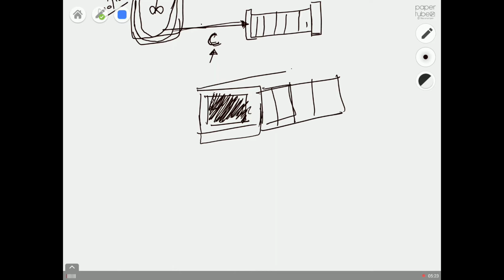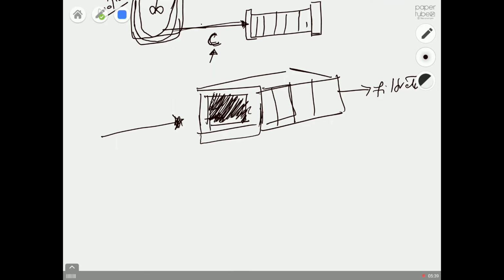It makes like a box, so you put your feed solution in, the cloth filters your solid, and your filtrate comes out this side. That's how the plate and frame filter works, or how it looks.